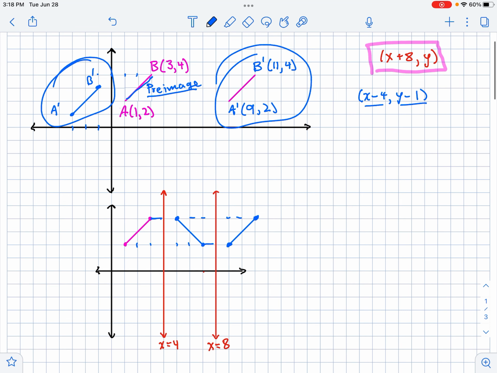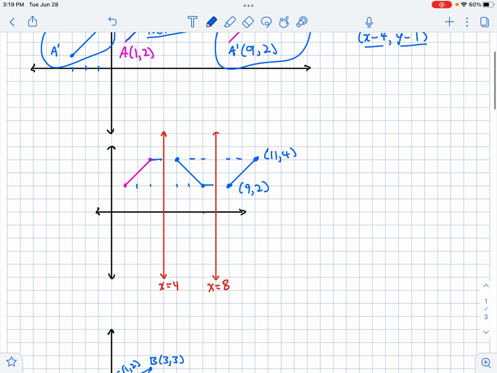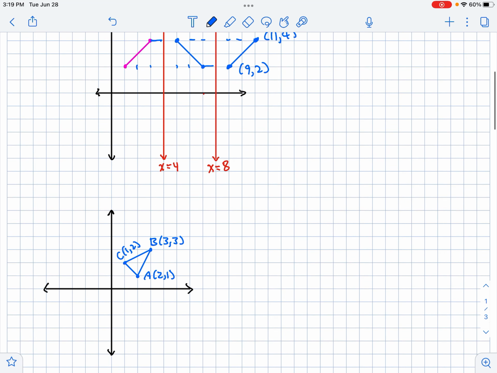In other words, you get the same point. This is the point 11, 4, and this is the point 9, 2. So sometimes you can get a translation just by reflecting over two parallel lines, as we did there.